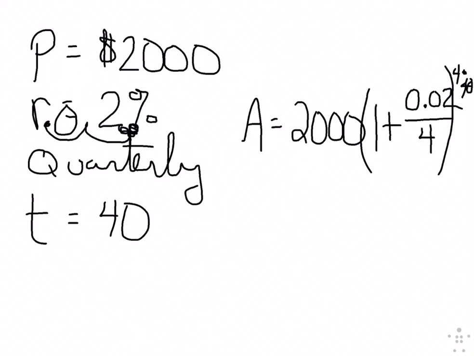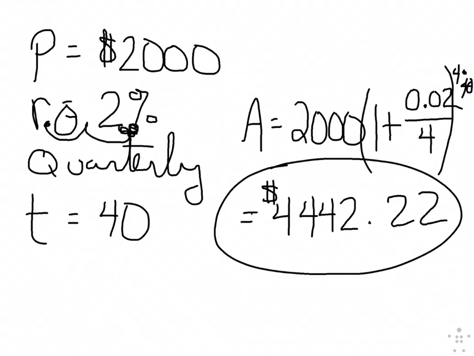That's the first thing in the order of operations I should be doing. I get an answer. Then I add 1, because that's inside the grouping symbols. I get an answer. Then I raise it to the 4 times 40, which is 160 times. I get an answer, because I'm doing exponents. And then I times it by 2,000, and what answer comes out? 4,442.22. And 22 cents? Yeah.